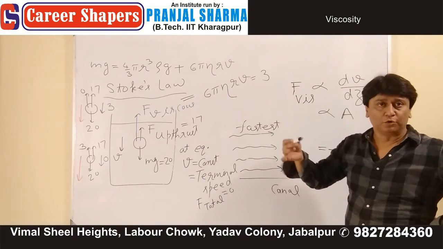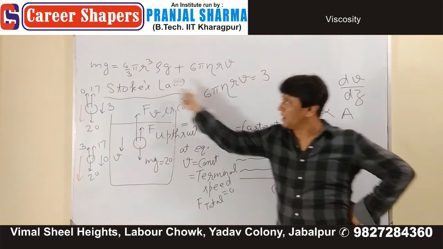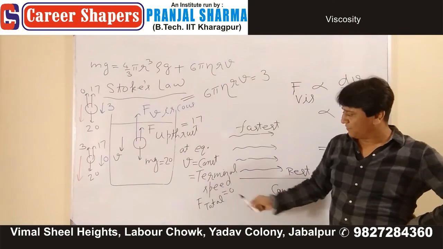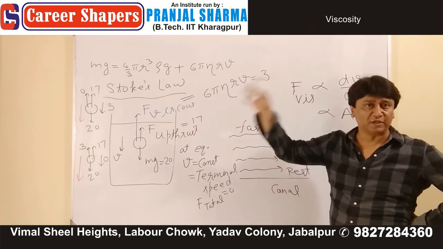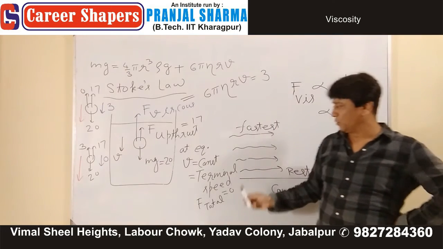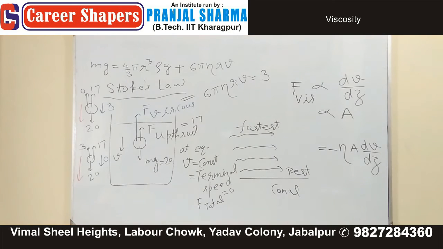I'll just give you 2-3 statements, but before that, tell me, do you understand this part? That F total is 0, and since F total is 0, speed is not going to increase further. Are you comfortable with the concept of terminal? Yes or no? Fast. Good. Write down the statement.